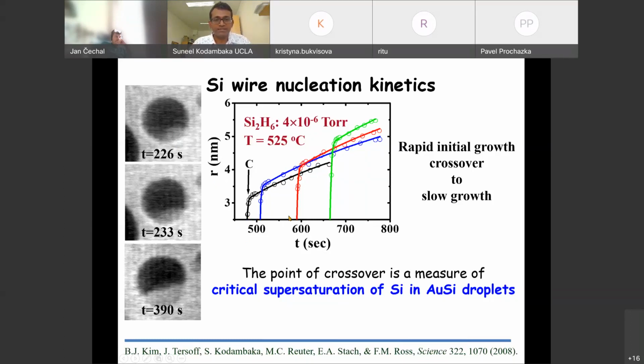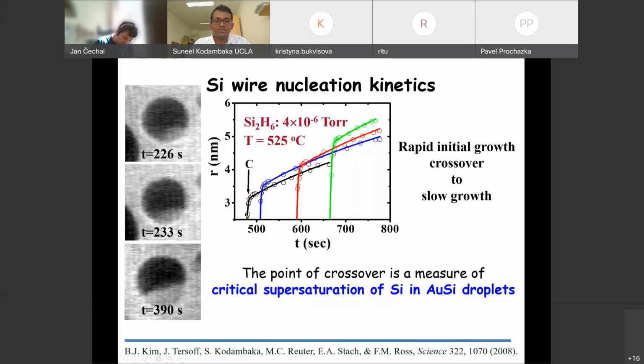As I mentioned in the previous plot, this incubation time increases with increasing size, and these blue, red, and green curves correspond to different size droplets. In all these experiments, as you can see here, there is a crossover. There is a drastic increase in the size of the silicon crystal, followed by a crossover, after which there is a slower increase in the size of the crystal.